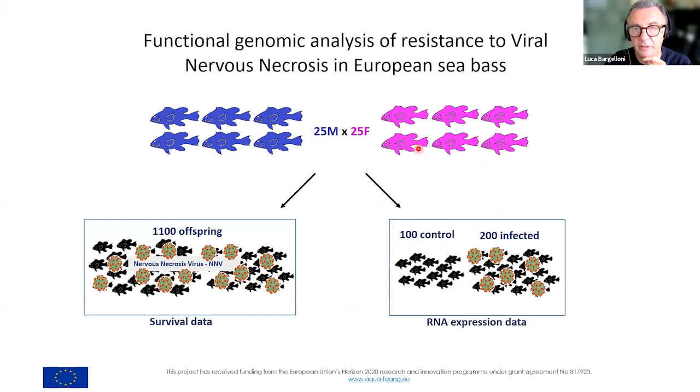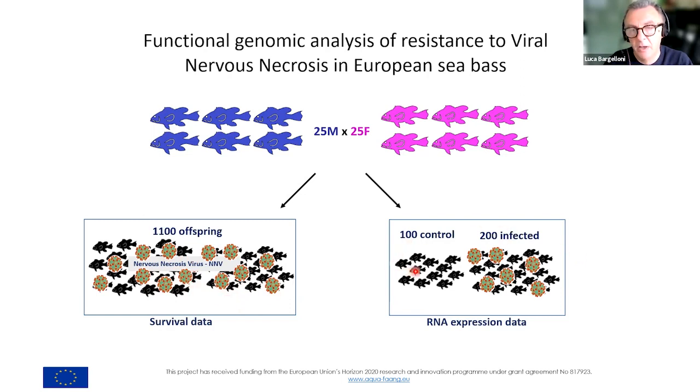We started with 25 males and 25 females European seabass, and we produced an experimental F1 offspring where we had over 1,000 fish infected with the nodavirus, the agent of viral nervous necrosis. And we surveyed the survival for 3 weeks, and we recorded the survival.